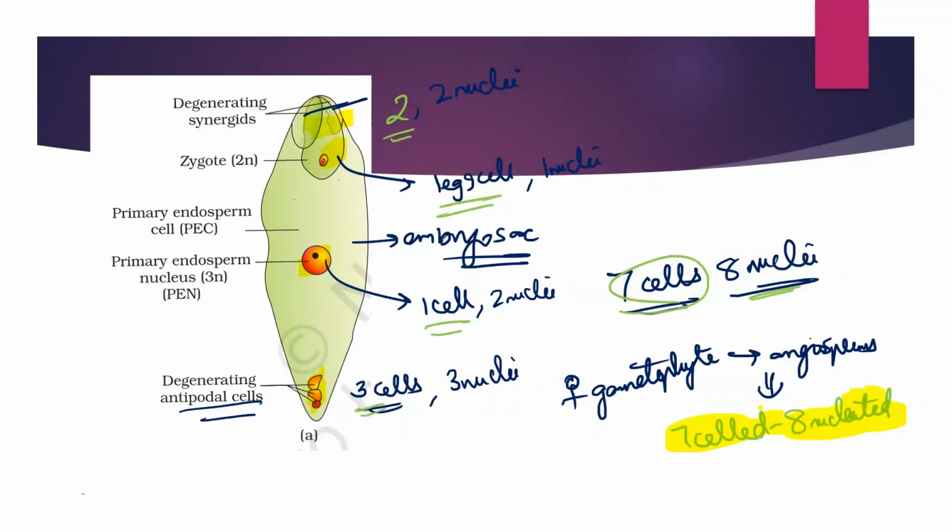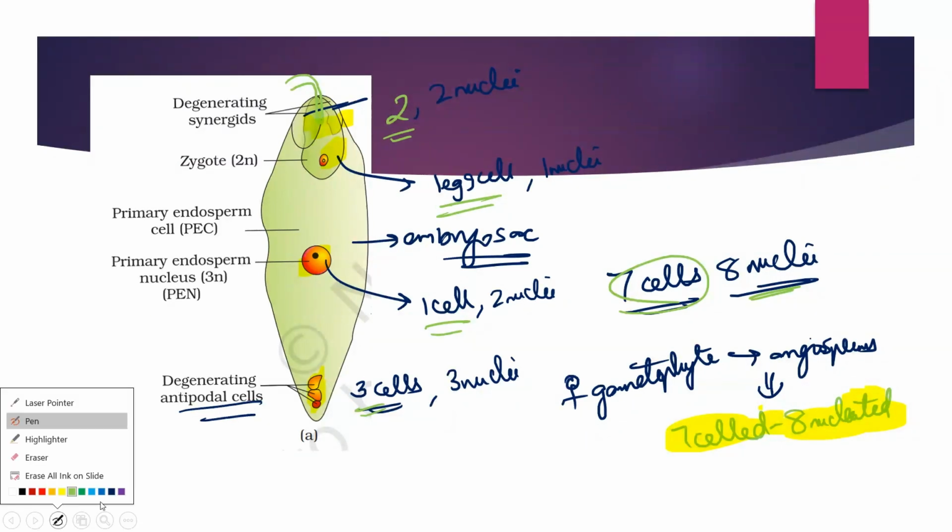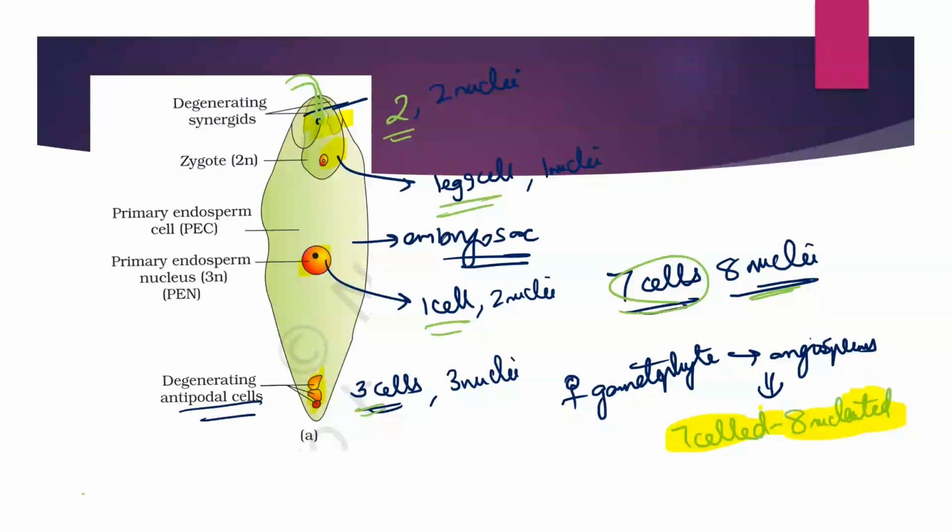Now, after fertilization, what happens is basically the pollen tube enters and releases its male gamete. This male gamete fuses with the egg cell, and fusion of the male gamete with the egg cell results in formation of a diploid cell known as the zygote.